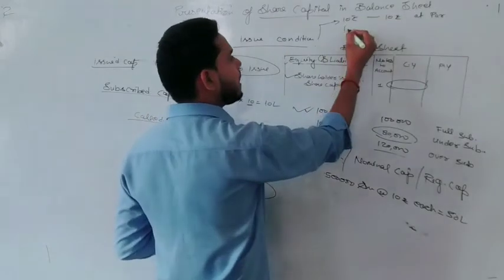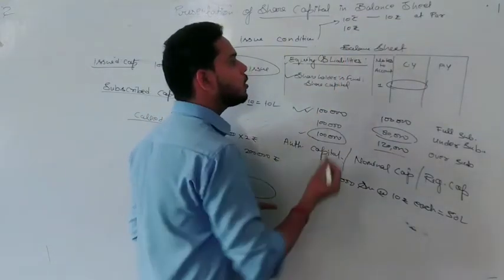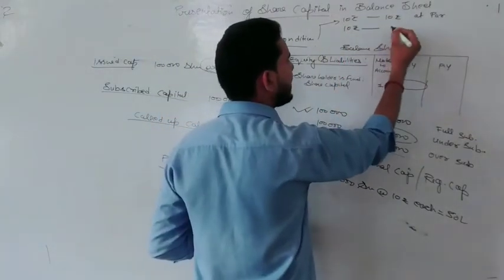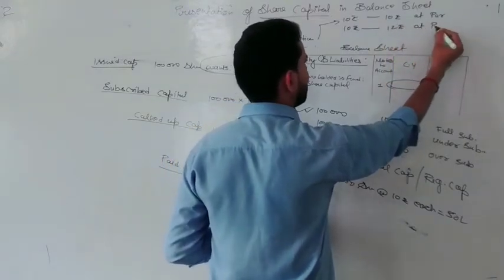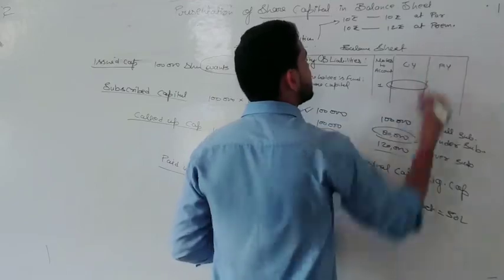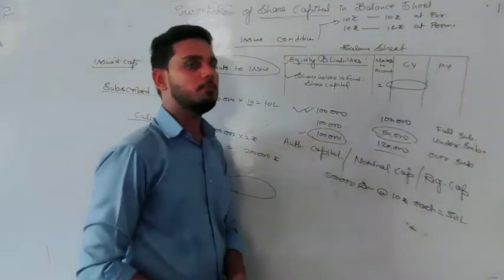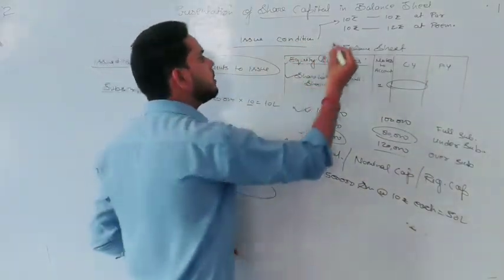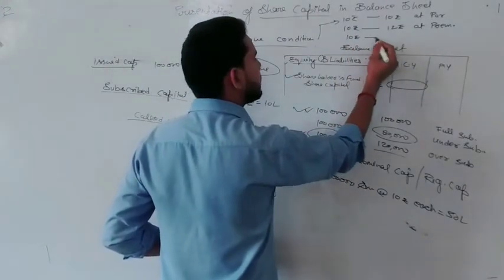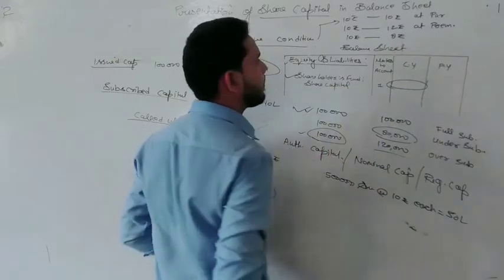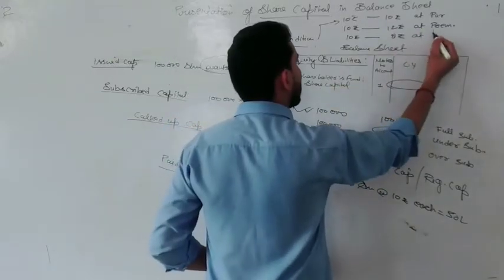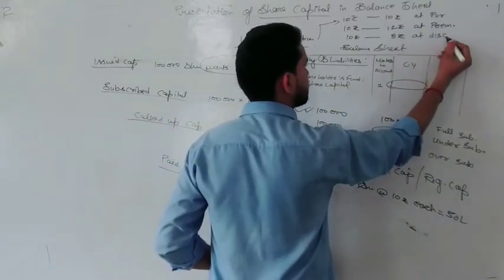Second, the MRP was 10 rupees, but you want to sell it for more than 10. It can be 12, it can be 15, it can be more than that. So it is known as selling at premium. Third, the price is 10 rupees, but you want to sell it for less than the actual price. That is known as at discount.